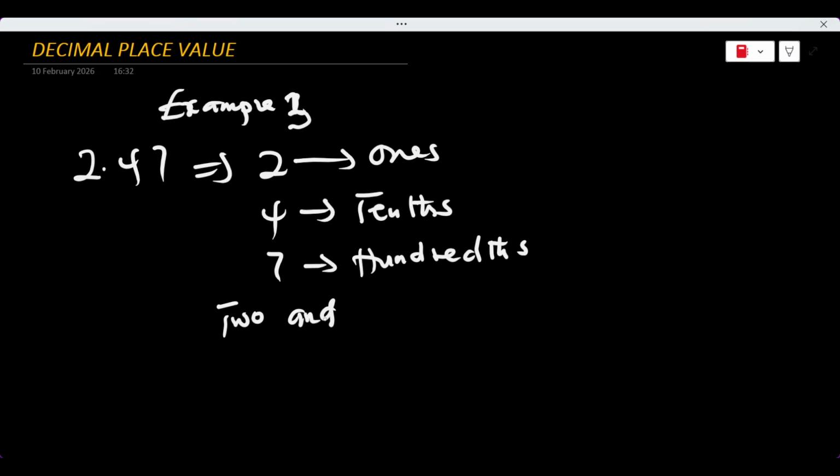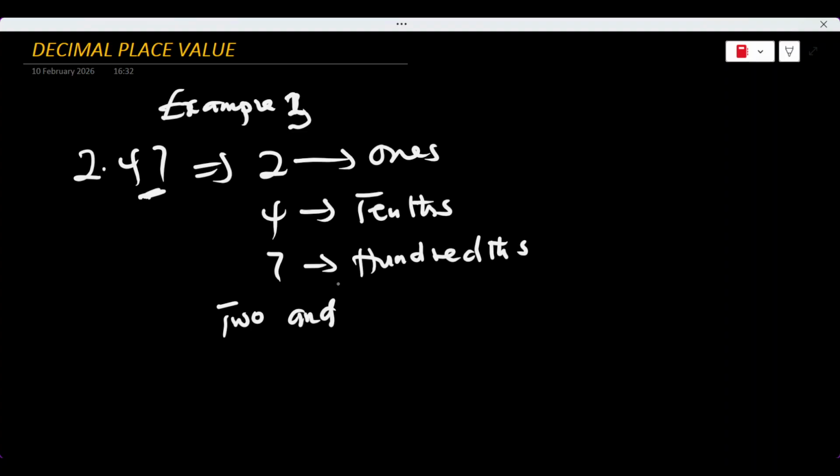The number before the decimal point is pronounced normally, then you say 'and', and then you pronounce 47 as in a normal whole number, but the 7 is at the hundredths position, so you add hundredths to the last digit.